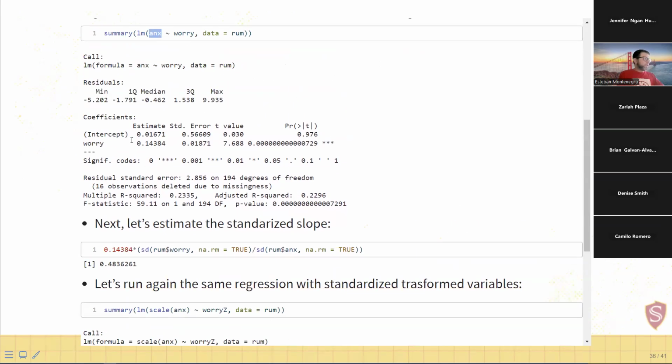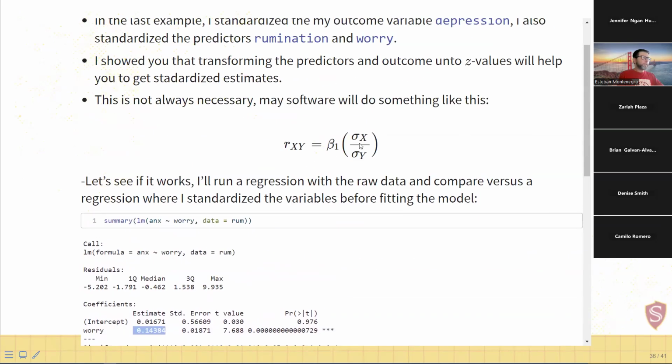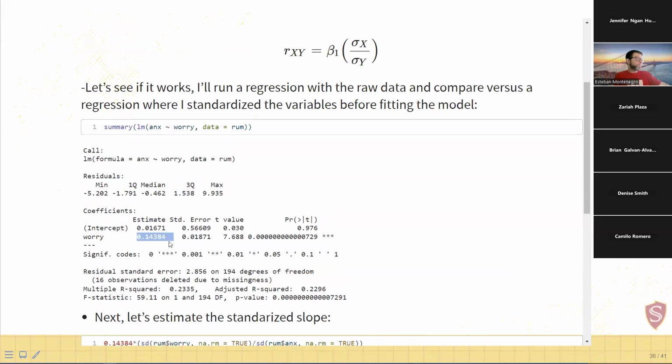Now, I could take the estimate and just follow this formulation right here. And I forgot to tell you that in R, the asterisk means multiplication. So what I'm doing is dividing the standard deviation of worry by the standard deviation of anxiety, and then I multiply the result by 0.14, which is the slope right here.